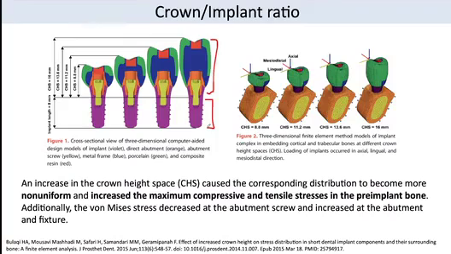So we have to avoid a bad ratio, and sometimes there's an indication for bone graft.